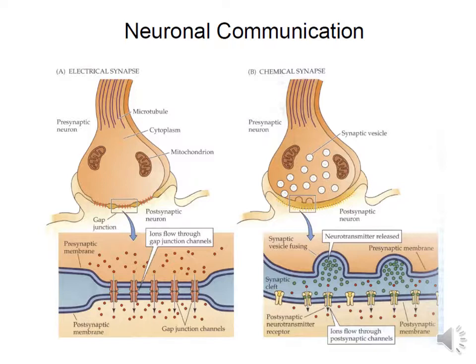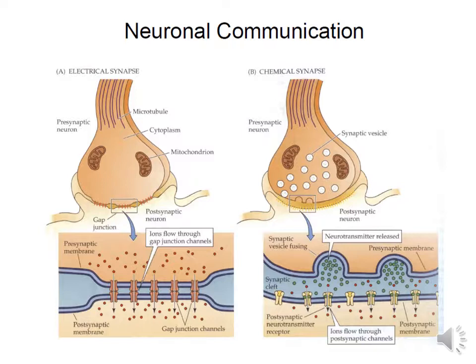Then neurotransmitters bind to specific ionotropic receptors present in the postsynaptic terminal, and activation of these receptors leads to changes in the membrane potential of the postsynaptic cell. In this case, an electrical signal is transduced into a chemical signal that is then transformed back into an electrical signal via activation of the ionotropic receptors. And these synapses are unidirectional.